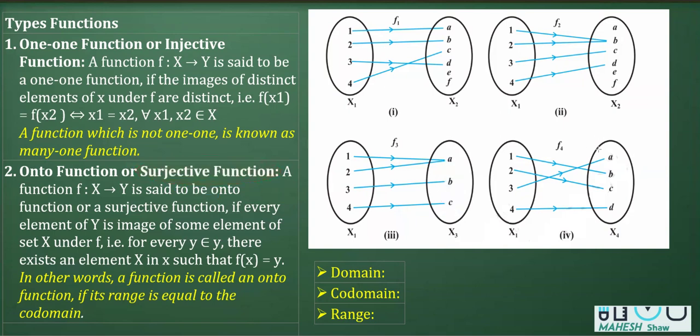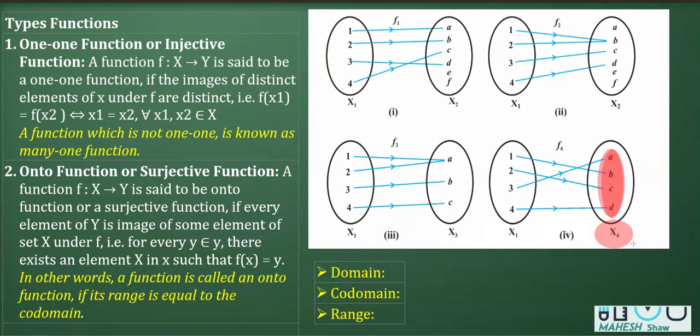Now let's come to the next, that is the fourth part. What you can see here is that the range is A, B, C, and D, right? And if I say codomain, it is also A, B, C, D. As you can see, each element of the second set is the image of some element of the domain.